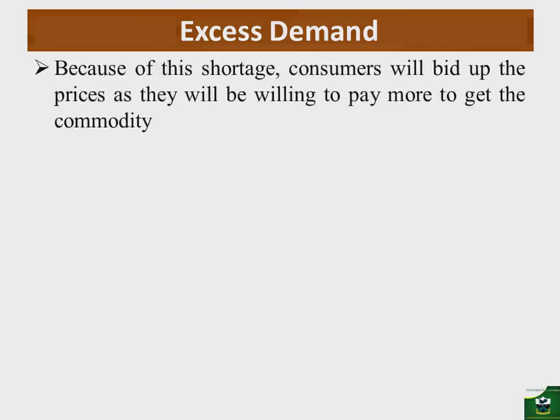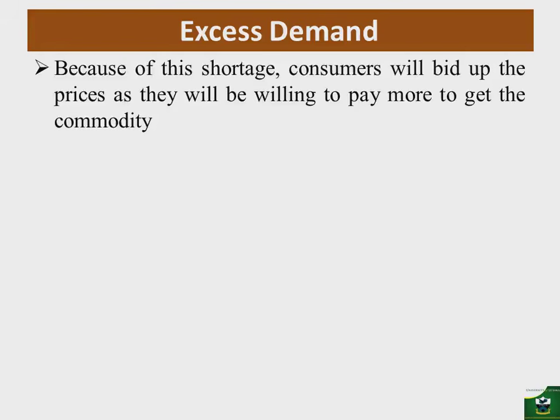So now, because there is a shortage, consumers will bid up the prices as they will be willing to pay more to get the commodities. And this is likely to lead to what we call the black market. Because consumers are willing to pay more, they are likely to go behind doors to pay more money to get the limited commodities that are on the market.